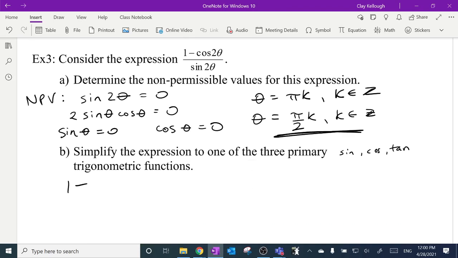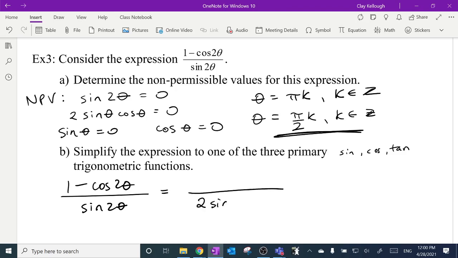So 1 minus cos 2 theta over sine 2 theta. I don't have any choice about this denominator. It is 2 times sine theta times cos theta. But notice cos 2 theta, I think they give me 3 different things on the formula sheet that cos 2 theta can be replaced by. Which one do I want?